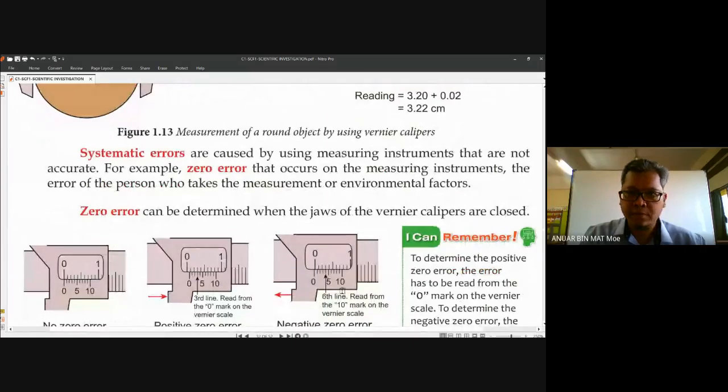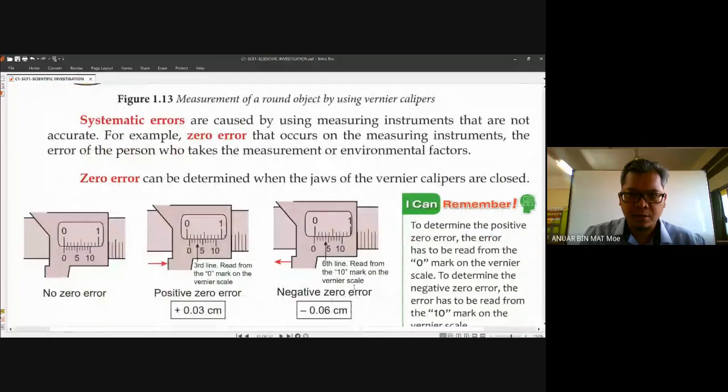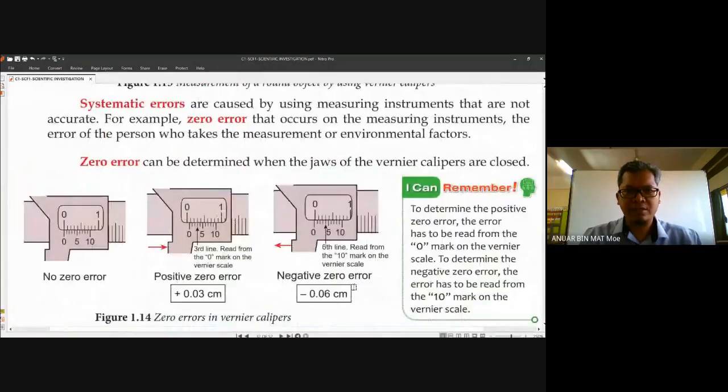We must actually take the ruler and do it for yourself in order to understand more. I cannot just simply explain to you through the video. I will find a way to help you understand how to measure using a vernier caliper. Okay, never mind.